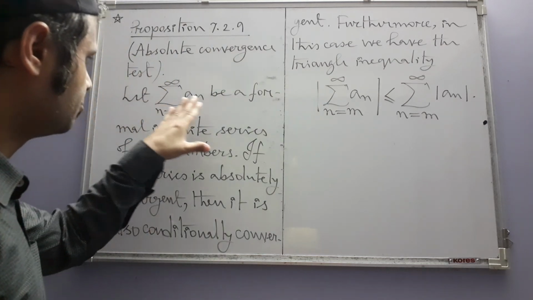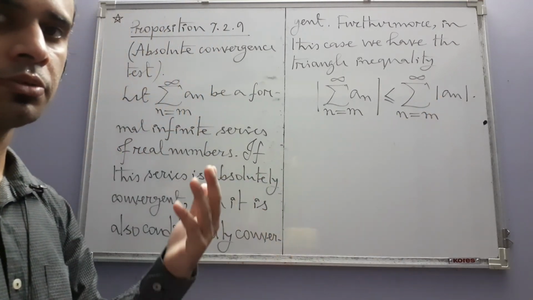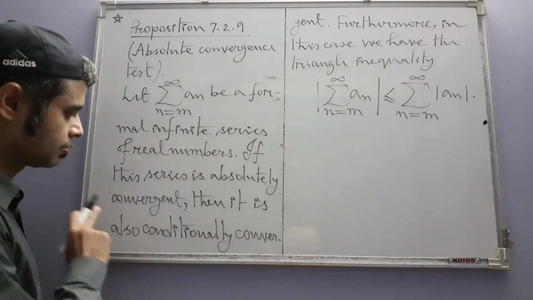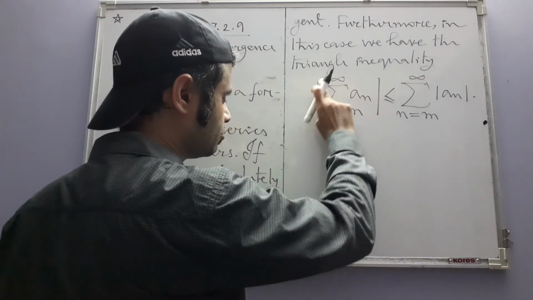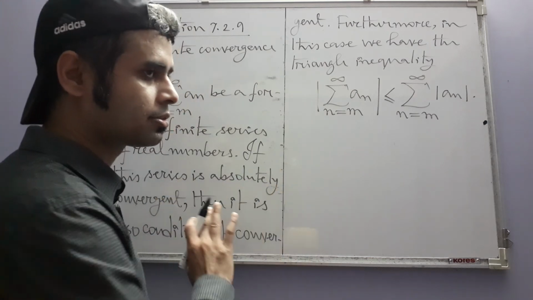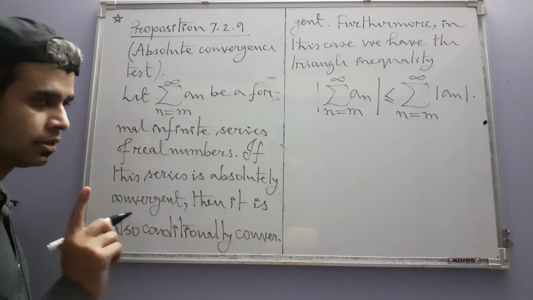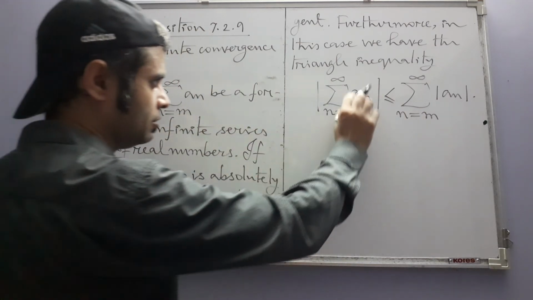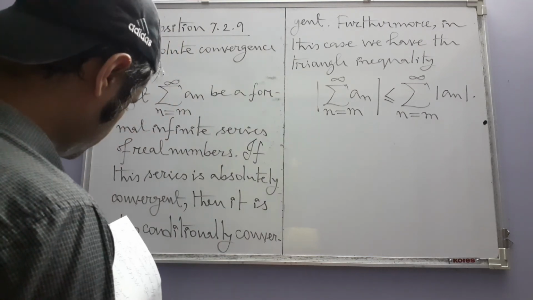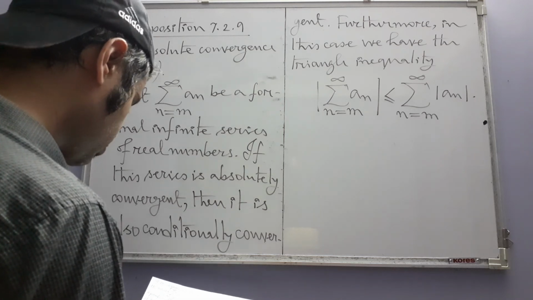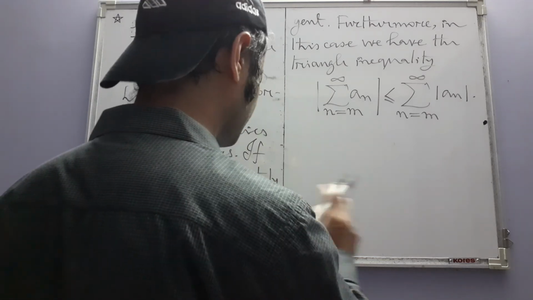The original series being absolutely convergent means the right hand side is a convergent series. So it will have a sum which is a real number. The proposition is saying that then this series that you see inside modulus is also convergent. That means the original series is convergent, or in other words conditionally convergent, and you have this relationship between their sums. Its proof also we will see in the exercises. However, I forgot to write in which exercise, but we will see.